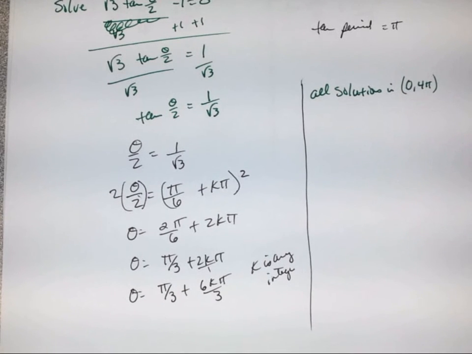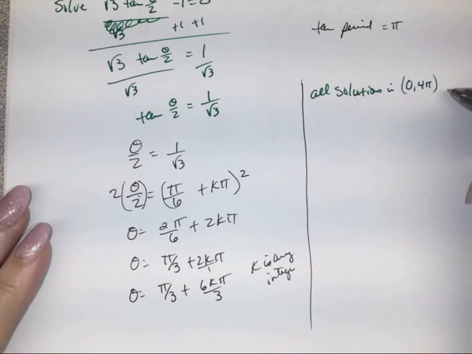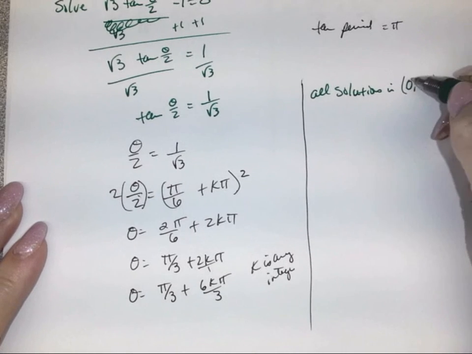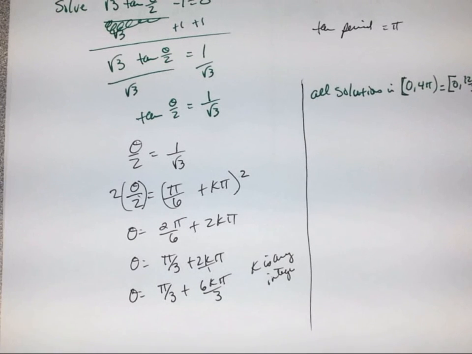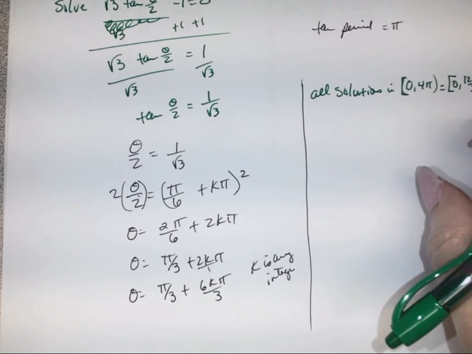So we're looking at 0 to 12 pi, because we need to get that common denominator again of 3. All right, so if I want this to be equivalent, it'll be 0 to common denominator 12 pi over 3. All right, so that's all of our solutions. And that is what we need to find.